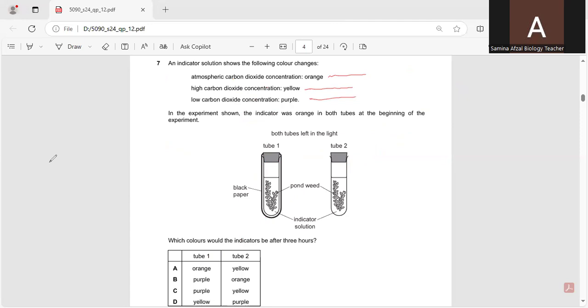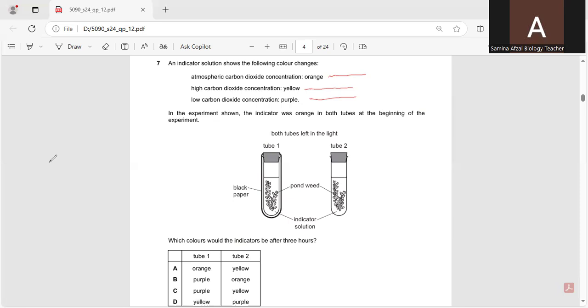So in the experiment shown, the indicator was orange in both tubes at the beginning of the experiment. So what was the experiment? They have pond beads inside 2 test tubes with the indicator solutions, but around test tube 1, they have black paper. It means due to the black paper, no light can enter.